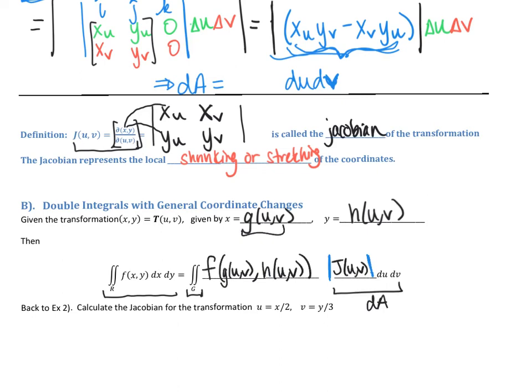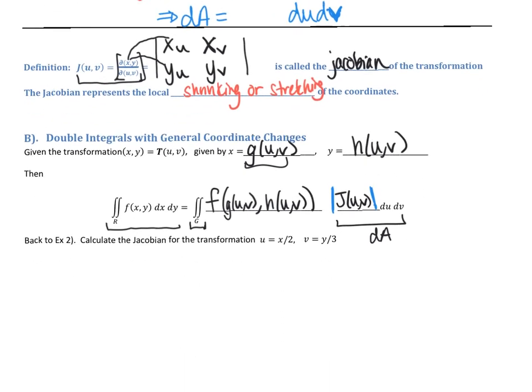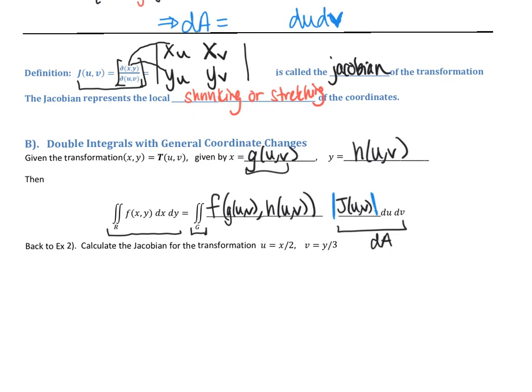Okay, so let's go back to the one that we did visually. We already noticed that when we calculated the Jacobian in example 1, we got 6. Let's see now how we could do this algebraically and confirm that we also get 6. Okay, so the Jacobian of u v, so notice up above that x is 2u, y is 3v.